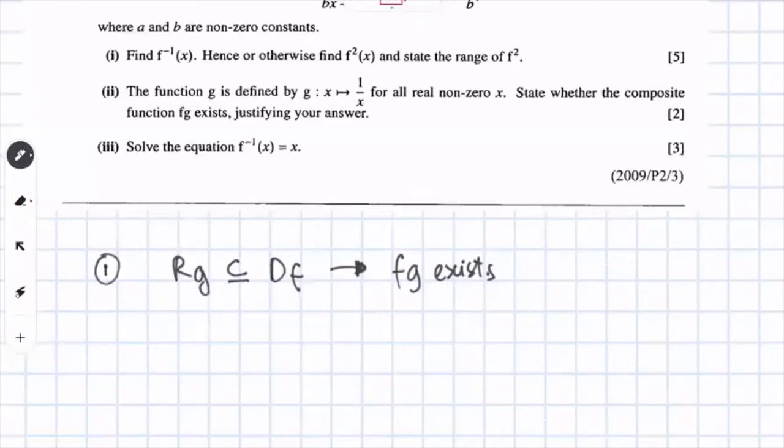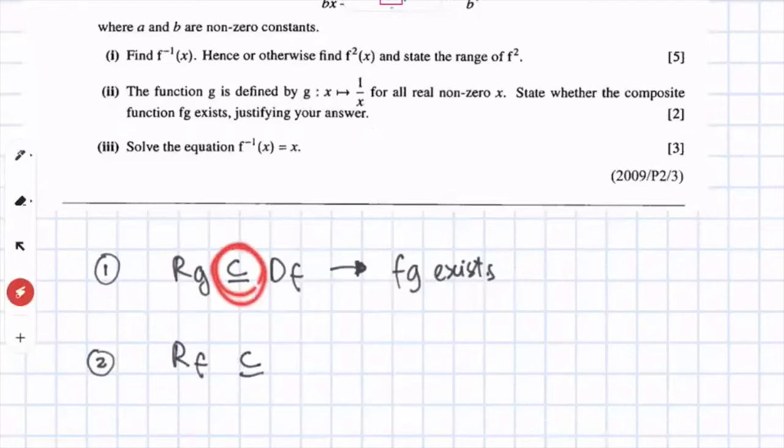Wait, what? Hold on. Range of F. You understand this notation, right? Subset means it's part of, right? Part of. That means nothing comes outside. The range of F subset of domain G means GF exists.